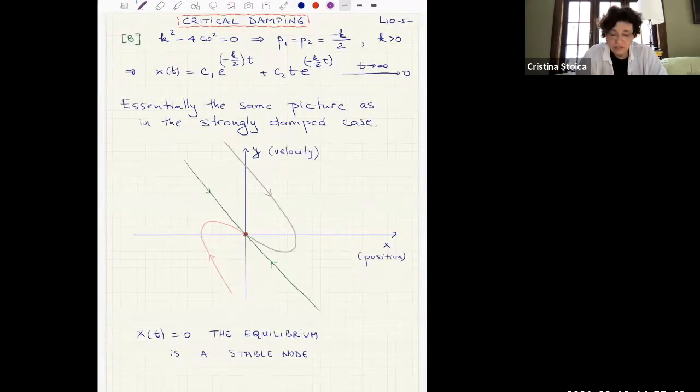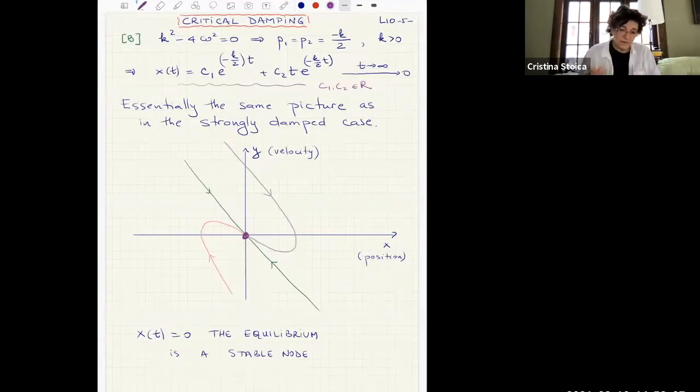So all trajectories will end up in the equilibrium. Okay, so there is some degeneracy in there, but essentially it goes the same. And this is the general solution of this equation as we did it in the ODE course, or you did it. You should have done it in the ODE course. Okay, that's what we did there.